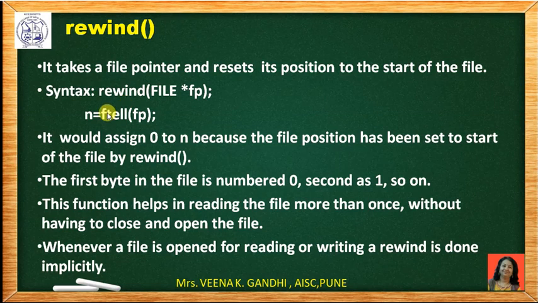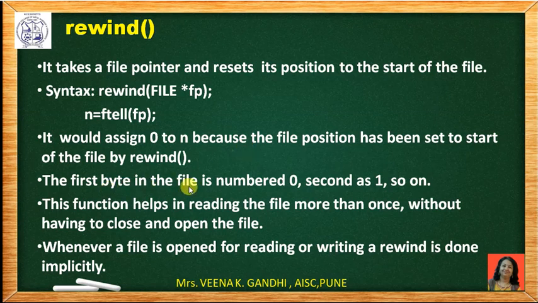Now, suppose you call the function rewind fp, and after that you call n equal to ftell fp, then n will be assigned the value 0. Means first the file pointer is reset to 0 and ftell tells the current file pointer position. It is 0.